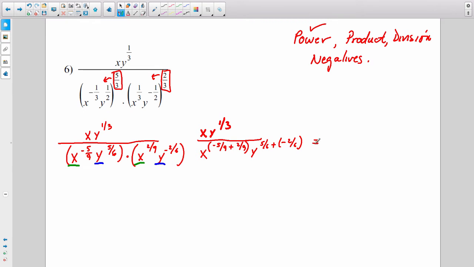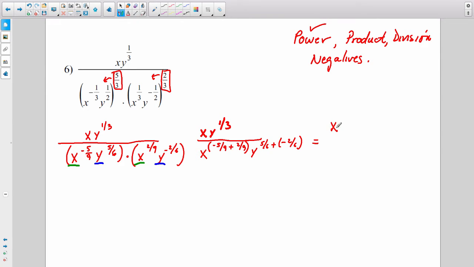Okay, so let's add those. What we end up with is negative 5 plus 2 is negative 3 over 9.